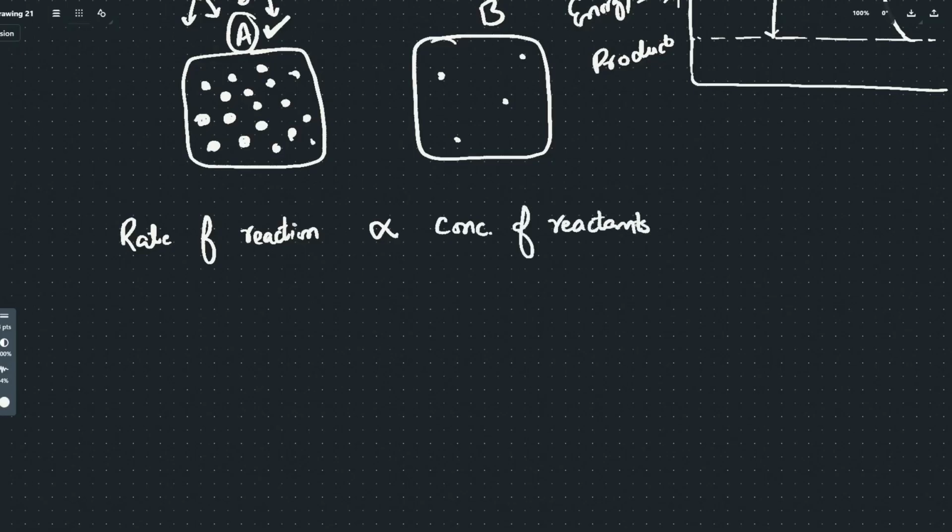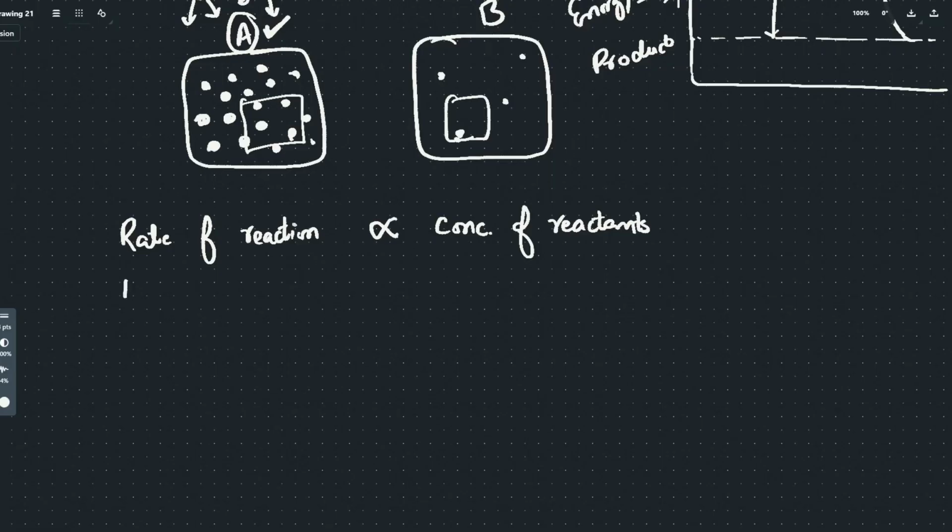It means more reactants per unit volume. Let's suppose here per unit volume we have more reactants as compared to this one. If we have more reactants, it means the rate of reaction will be high.